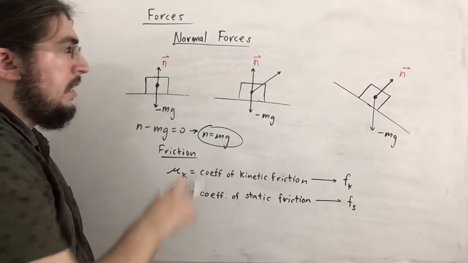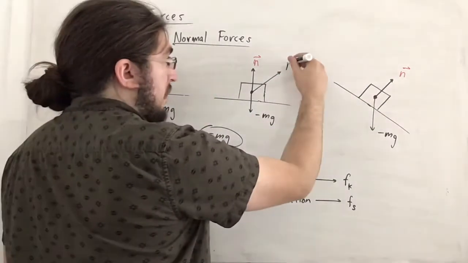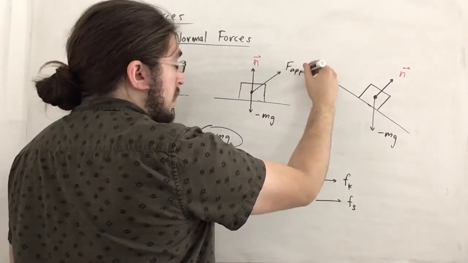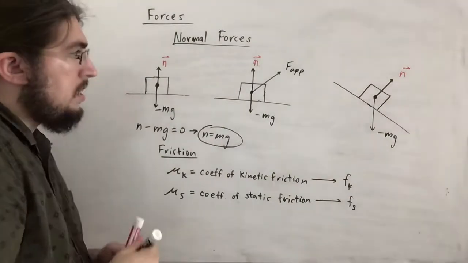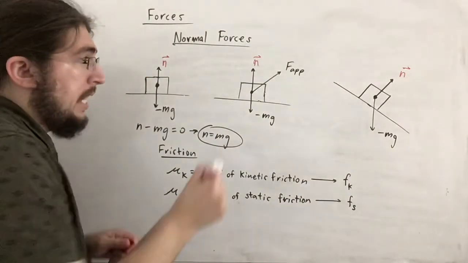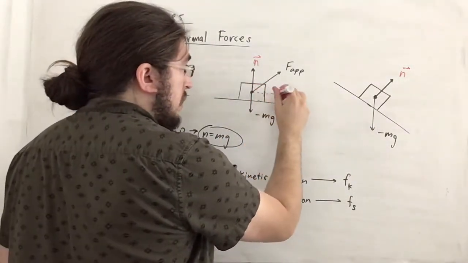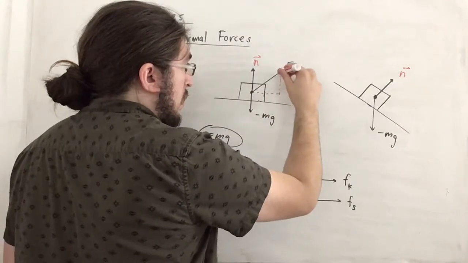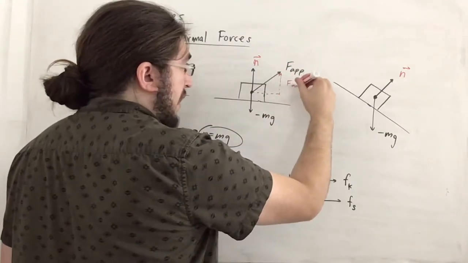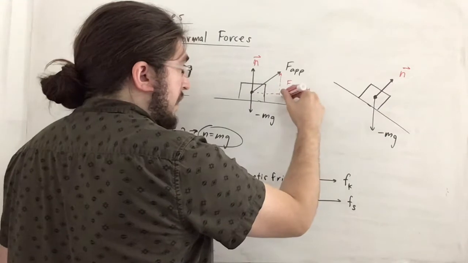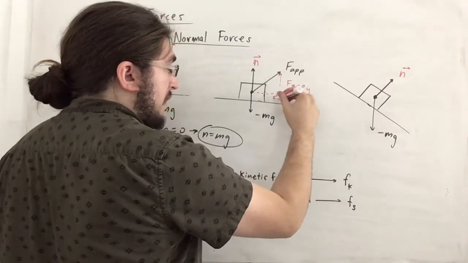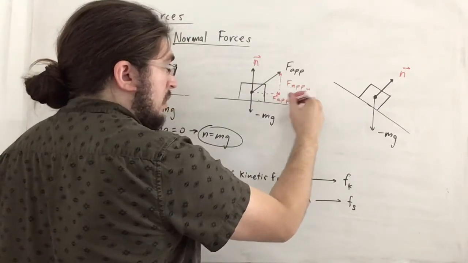Okay? Here, if there is an applied force, let's call it F applied, and it's at a certain angle, we can actually break this up into its components. Specifically that's F app y, and here, this would be F app x.